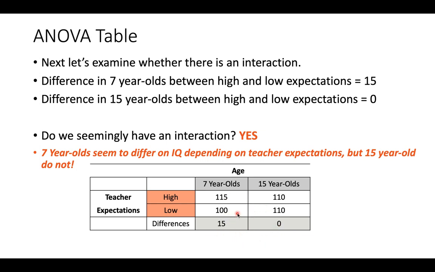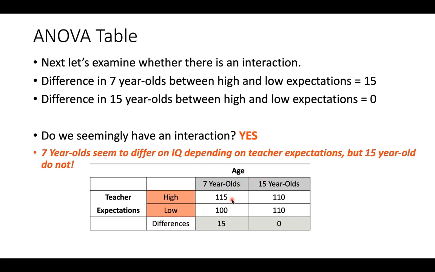Let's dive in a little bit into this interaction, see if we can maybe interpret it. All 15-year-olds have an average of 110, meaning teacher expectations don't matter for 15-year-olds' IQ, right? If you have high expectations, you have a 110 IQ. If you have low expectations, you still have a 110 IQ. Doesn't matter.